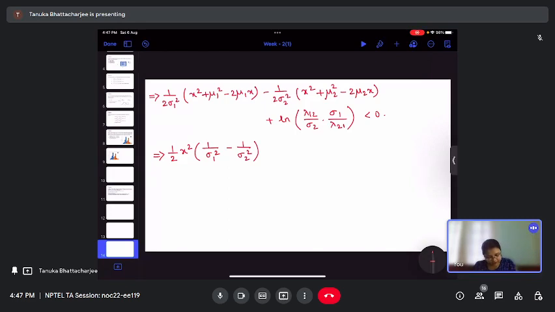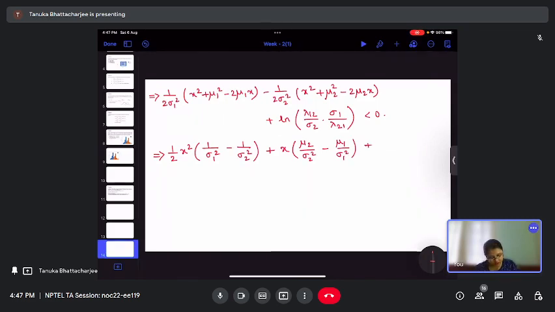So we will get plus x into mu 2 by sigma 2 square minus mu 1 by sigma 1 square, plus then the constant terms.